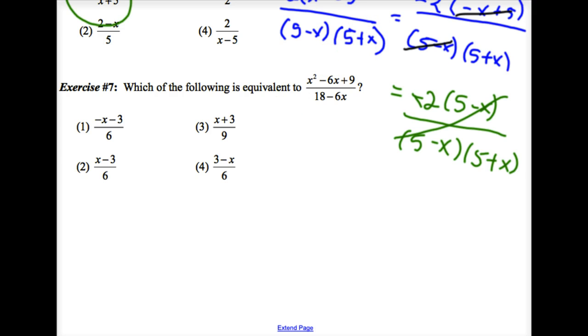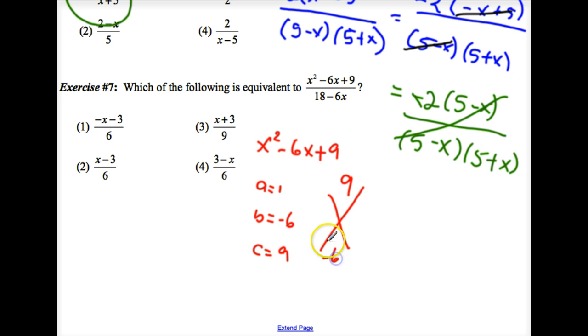Now look at the top. Break this down. x squared minus 6x plus 9. A is 1, B is negative 6, C is 9. So I know this is going to be a negative 3 and a negative 3. So the top is actually (x minus 3)(x minus 3).